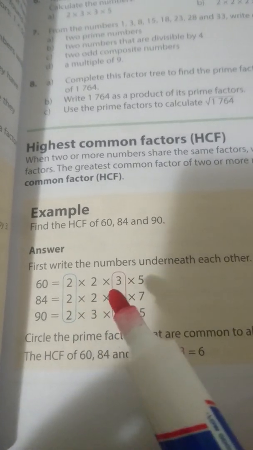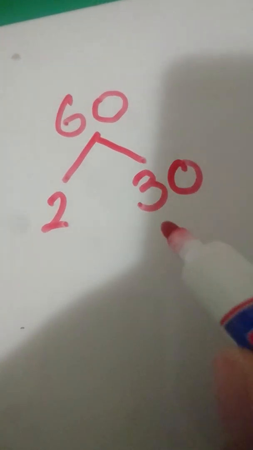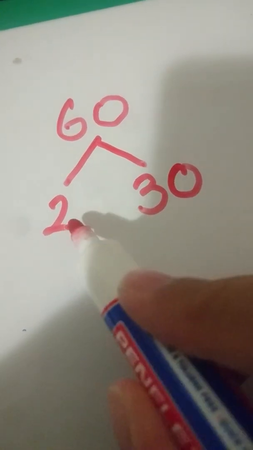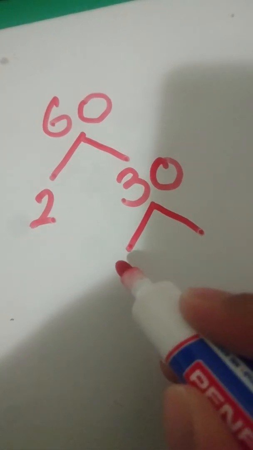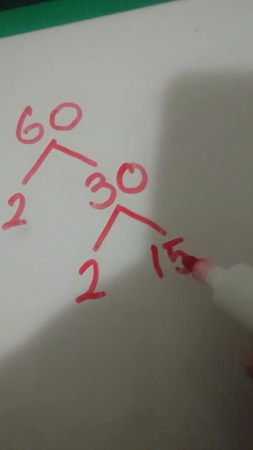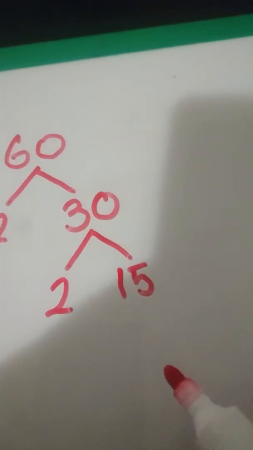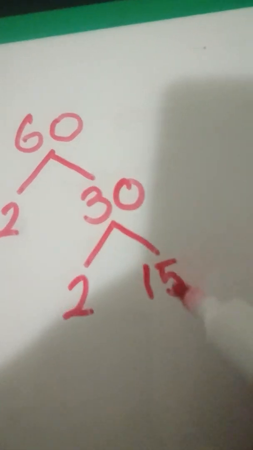If we want to prime factorize 60, we'll do it like this. We'll say 60 divided by 2 is 2 times 30. Right? 2 is a prime factor. We cannot simplify it any further, so we will simplify this 30. Divided by 2 is going to give us 2 times 15. Okay? Thereafter, we cannot simplify 2, so we will simplify this 15.